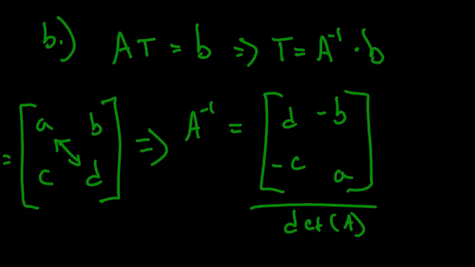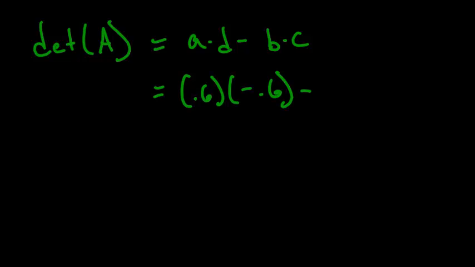So let's find the determinant of A. The determinant of A is equal to A times D minus B times C. So this is equal to 0.6 times negative 0.6 minus 0.8 times 0.8. So this is equal to, it comes out to be 0.1.